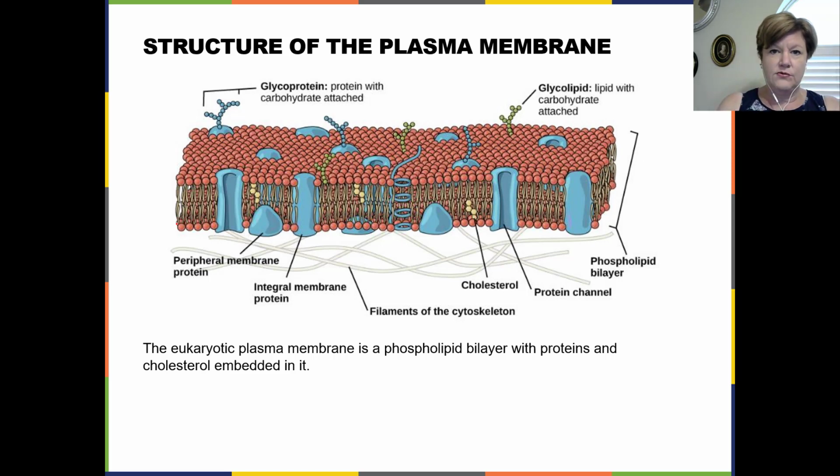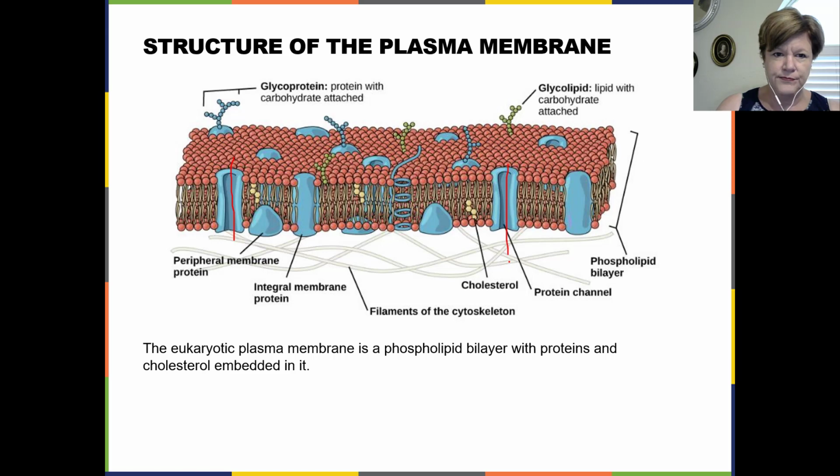If the plasma membrane was a closed barrier, then the inside of the cell would be a closed system. And remember, that doesn't exist in biology. So it's an open system in the sense that it is a barrier, but it's not completely shut off. There are these channels, which you can see here. You see these little tube-like structures.